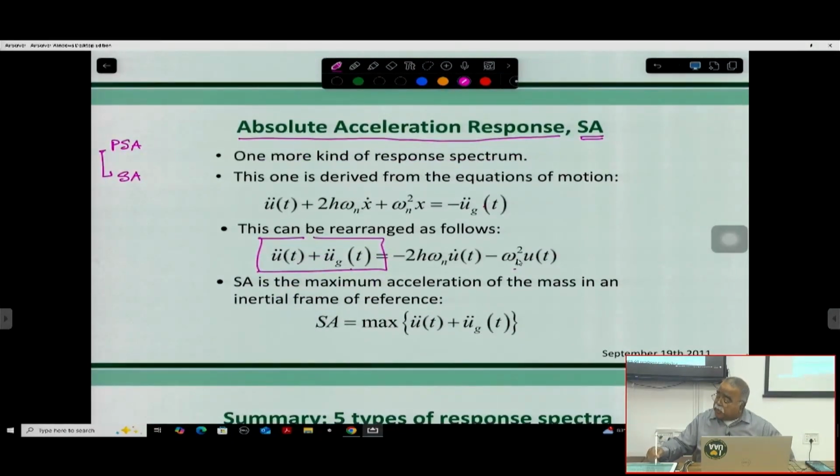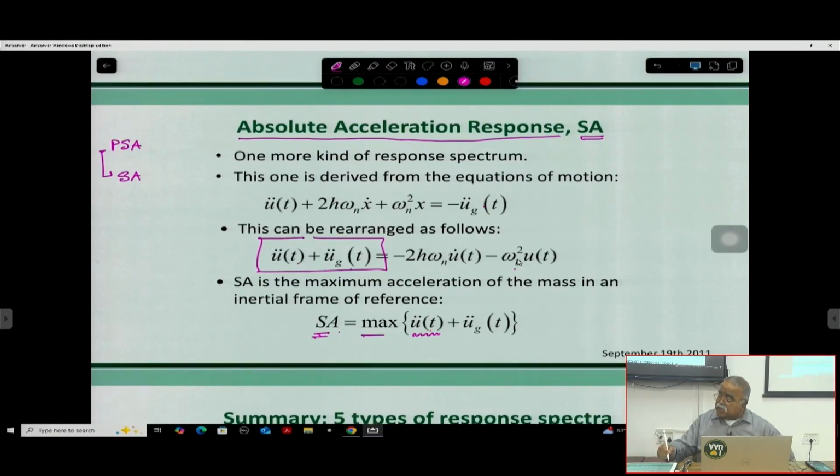So the spectral acceleration is basically the maximum of the absolute value of the total acceleration.